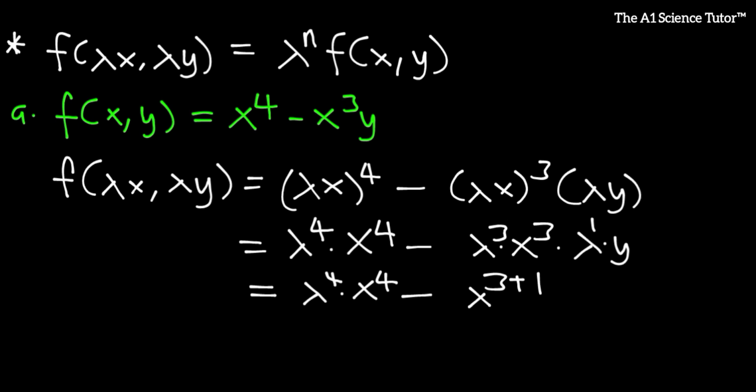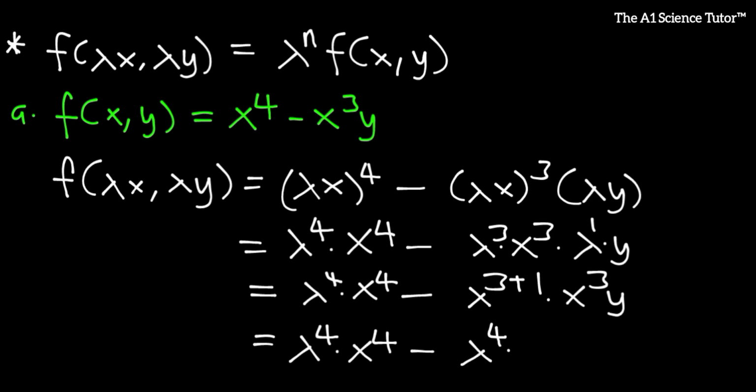So that will give you 4. And this will be multiplied by x to the third multiplied by y. So what we should have here is lambda to the fourth multiplied by x to the fourth, minus lambda to the fourth multiplied by x to the third multiplied by y.